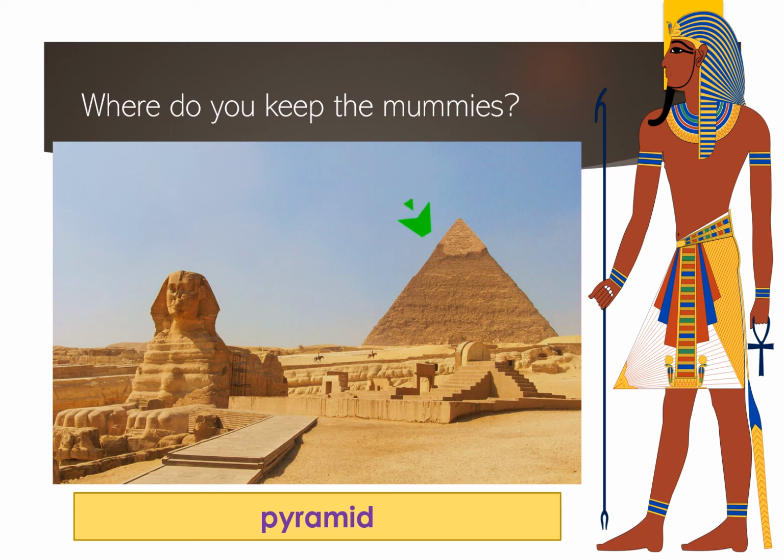So we already know what the ancient Egyptians do when they have a mummy. They wash it, they dry it, then they wrap it up in bandages, and then they put it in the coffin. So where do you think they keep the mummies? There is one special place in Egypt we call the pyramids. The main one is the Pyramid of Giza. They keep the mummies of the kings and queens, the pharaohs, in this particular place with the shape of a triangle.